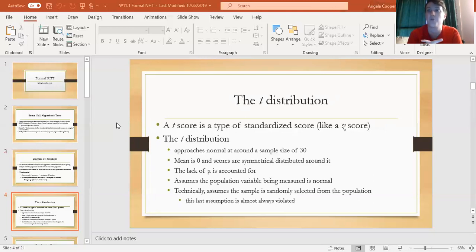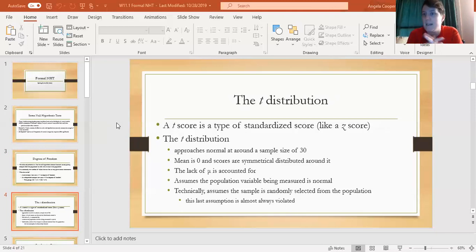We don't have the true population mean because we're looking with t distributions at sample means only, but that's accounted for in a t distribution. It assumes that the population that we're measuring, so the population of all men, the population of all women, in whatever variable we're measuring, self-esteem, stupidity, attractiveness, whatever, we assume that in the population it's distributed normally.